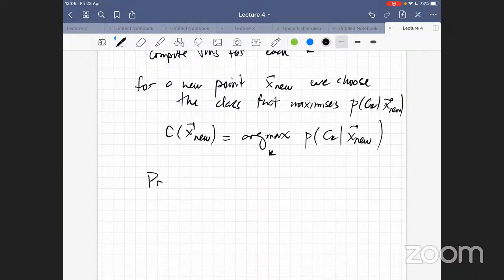I wanted to show an example of a probabilistic discriminative model.